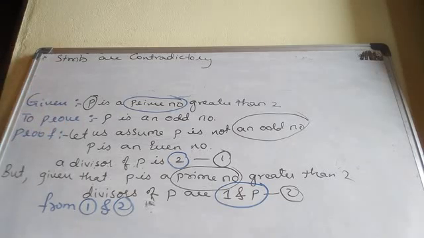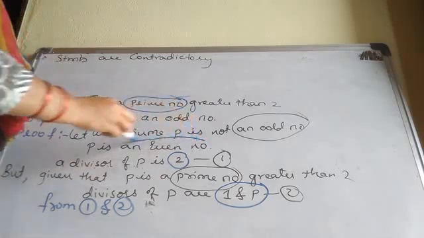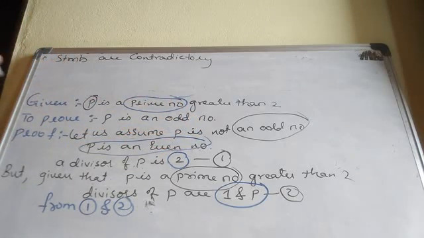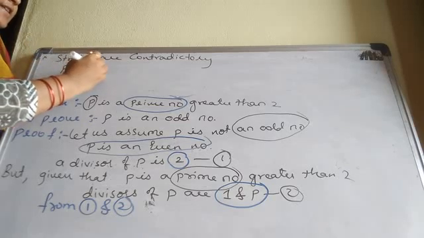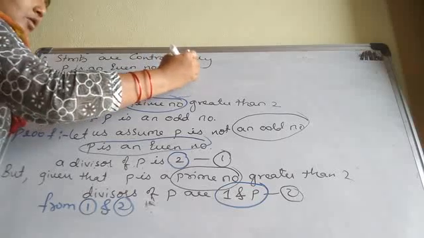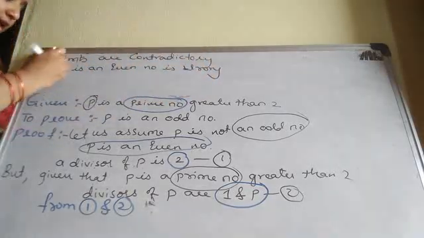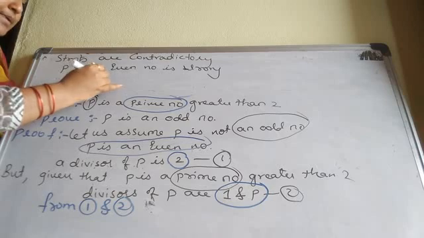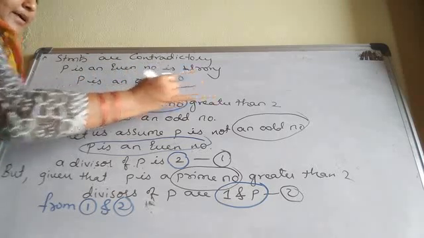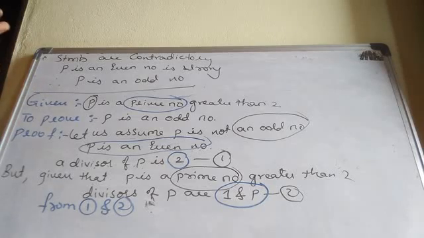What I assumed at the start, to prove: P is an even number. That is wrong. P is an even number is wrong. Therefore, P is an odd number. Okay, students? That is your second theorem.